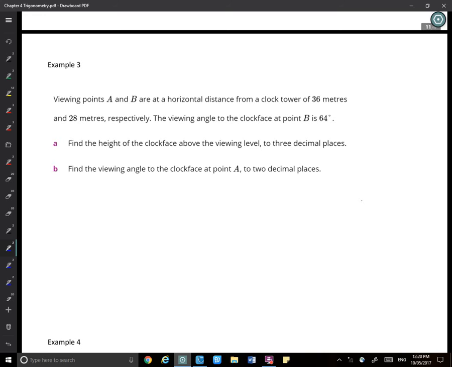Find the height of the clock face above the viewing level to 3 decimal places, and find the viewing angle to the clock face at point A to 2 decimal places. The viewing angle is the angle of elevation.